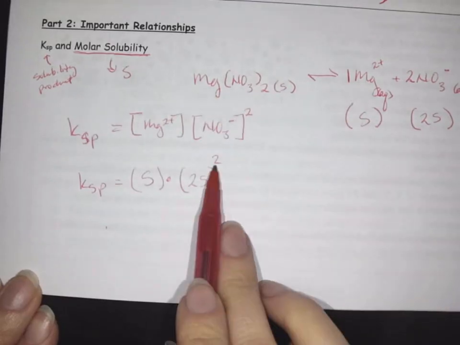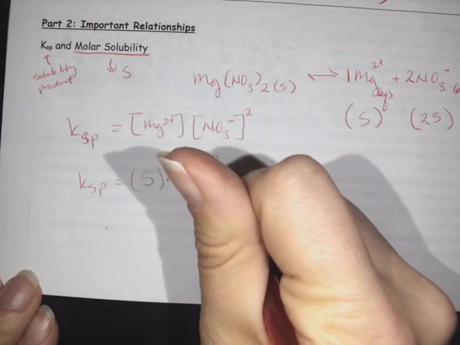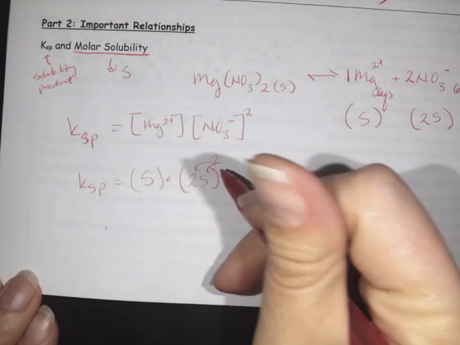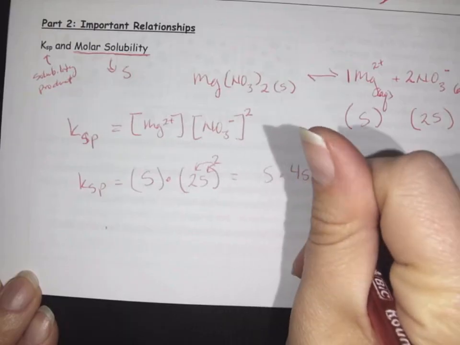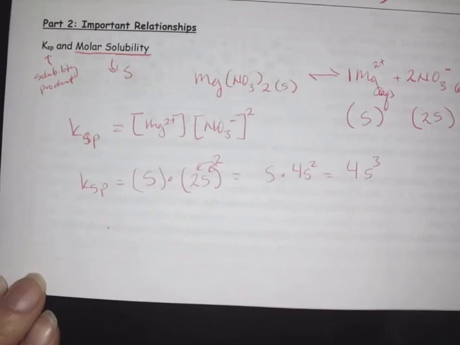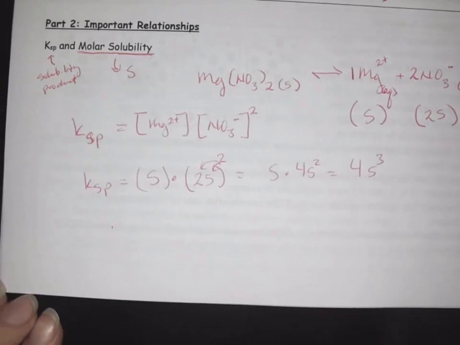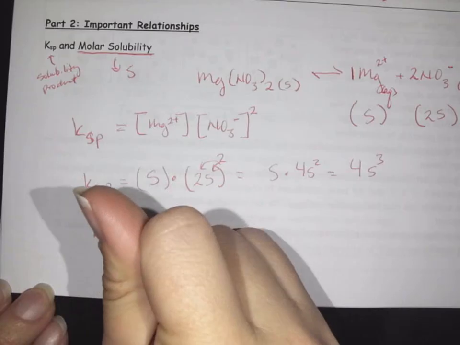And because this square is outside of the parentheses, it applies to both the 2 and the S. So this would turn into S multiplied by 4S squared, which becomes 4S cubed. Okay? Now there's a lot you can do with this. If they give you the KSP, so KSP is equal to 4S cubed.